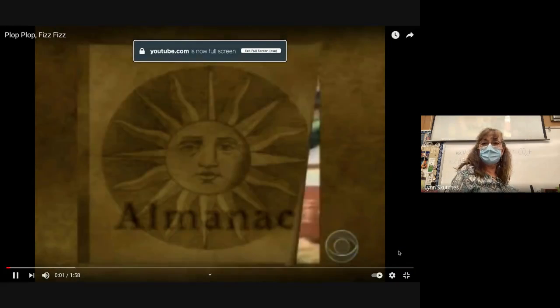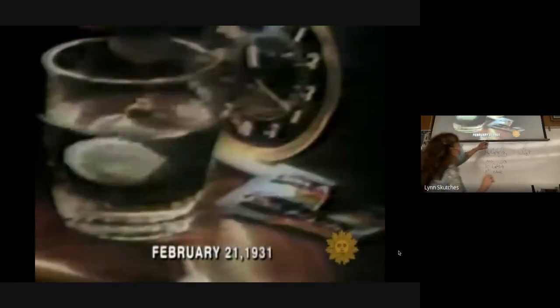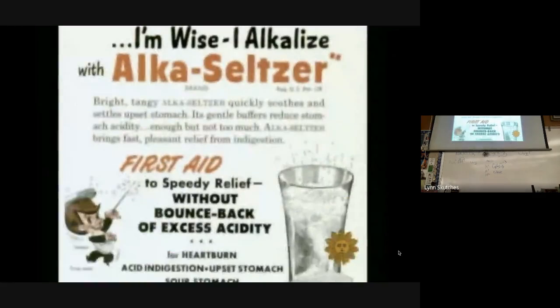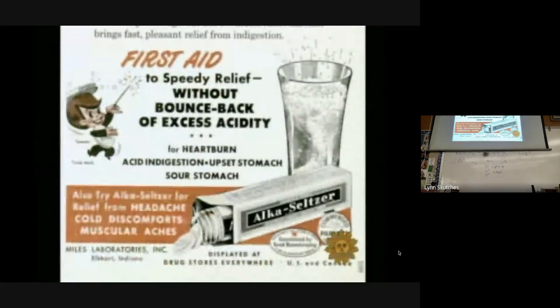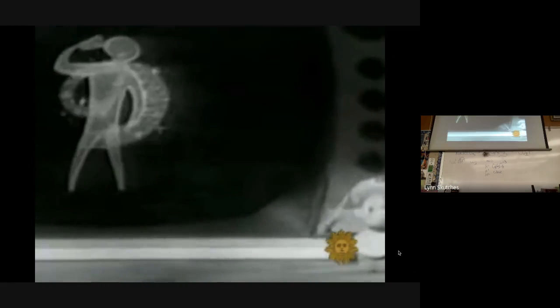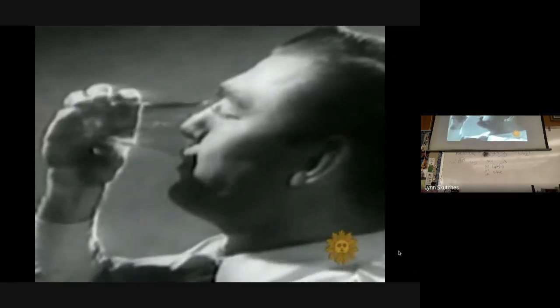Plop, plop, fizz, fizz, oh, what a relief it is. And now a page from our Sunday morning almanac. February 21st, 1931, 79 years ago today. The day the market for over-the-counter medications literally bubbled over. That was the day Miles Laboratories introduced a new antacid product called Alka-Seltzer, a mix of aspirin, bicarbonate of soda, and citric acid that burst into bubbles when plopped into water. Alka-Seltzer was an immediate hit, becoming both a popular remedy and a pop culture icon.